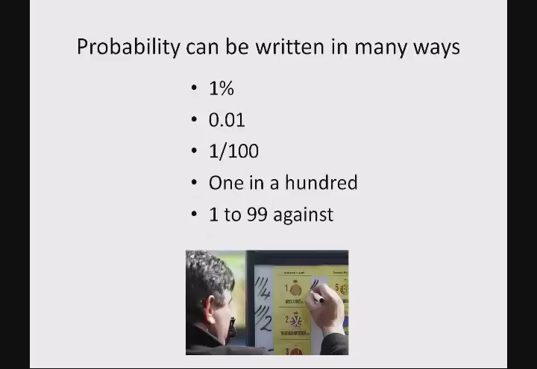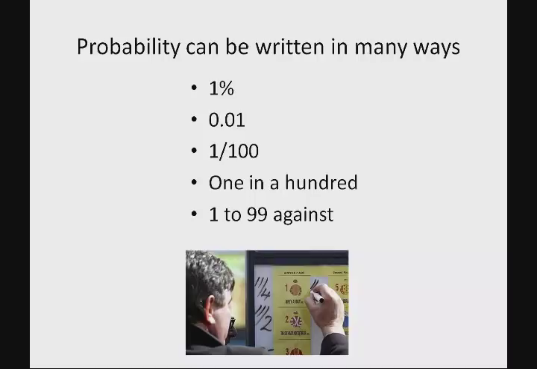Those probabilities can be written in many ways, and you should be familiar with these and comfortable with interchanging them, because you will see them written in different ways and you will be expected to use these interchangeably. So the probability in the previous example of pulling out a black ball was 1%, 1 in 100, or written as a proportion 0.01.